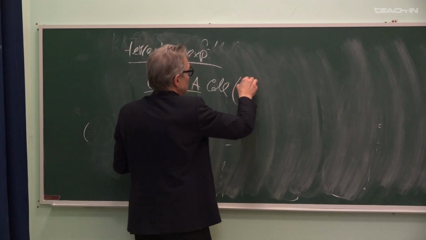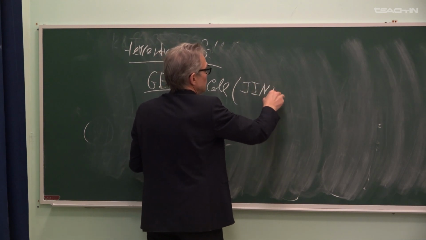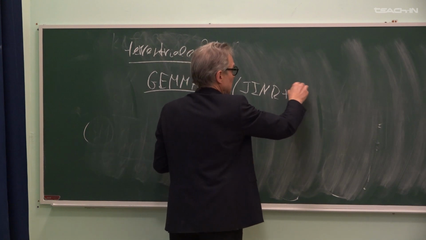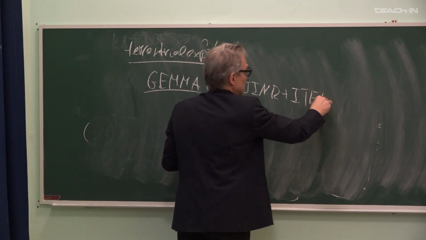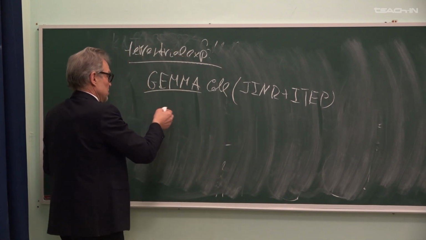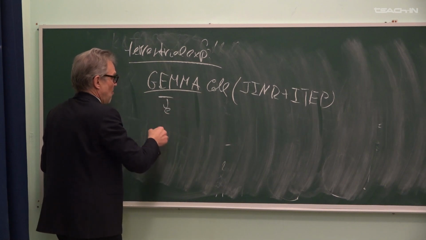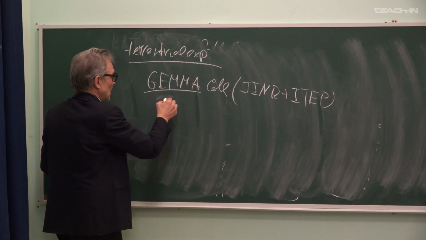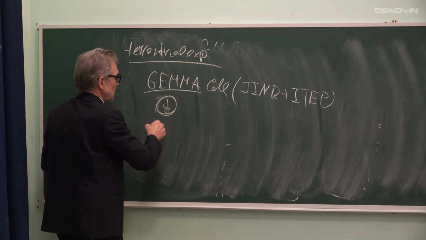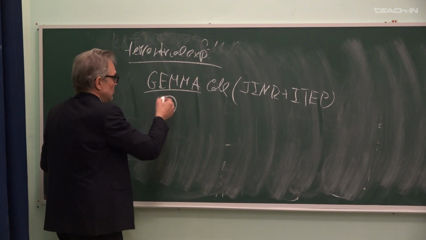It's the Joint Institute for Nuclear Research, JINR, plus Kurchatov Institute, ITEP, at the Kalinin nuclear power plant. They use the flux of reactor antineutrinos.